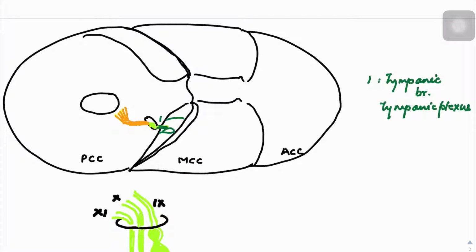It will supply the auditory tube. So let us say it supplies the auditory tube, that is also called as the eustachian tube. It supplies the tympanic membrane. It supplies the middle ear mucosa.